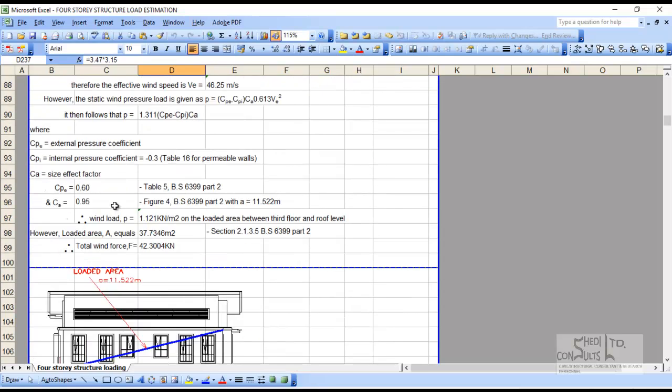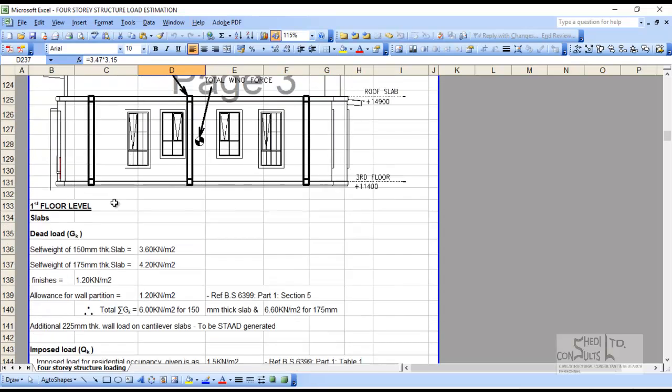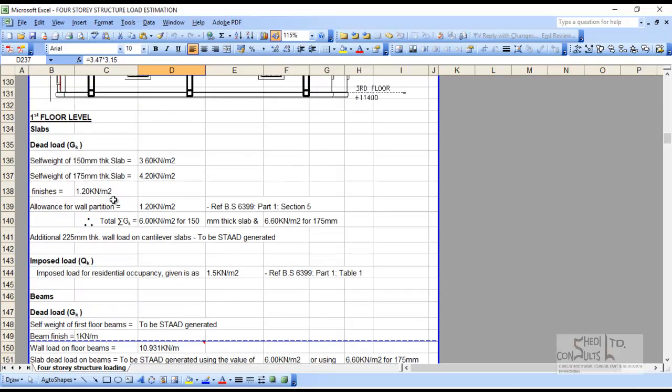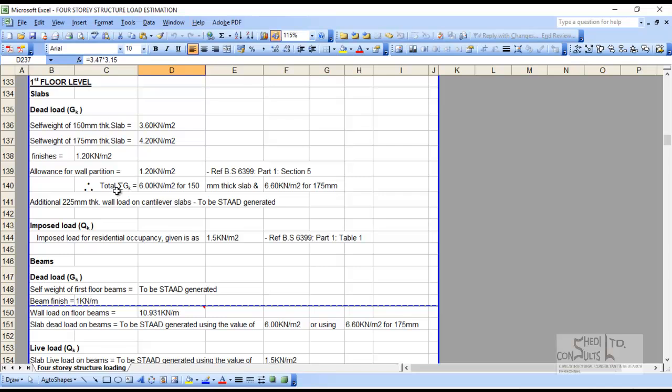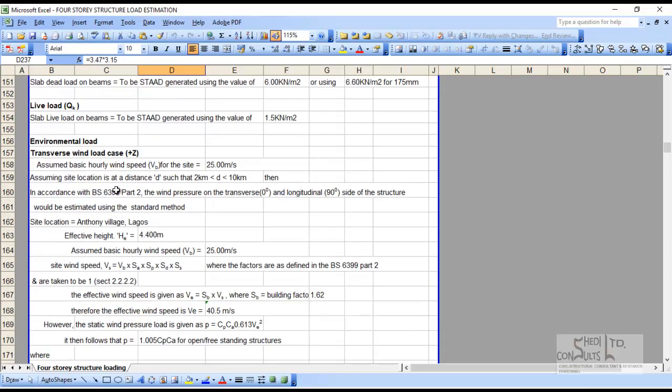Okay, so similar loads apply on the second and third floor.